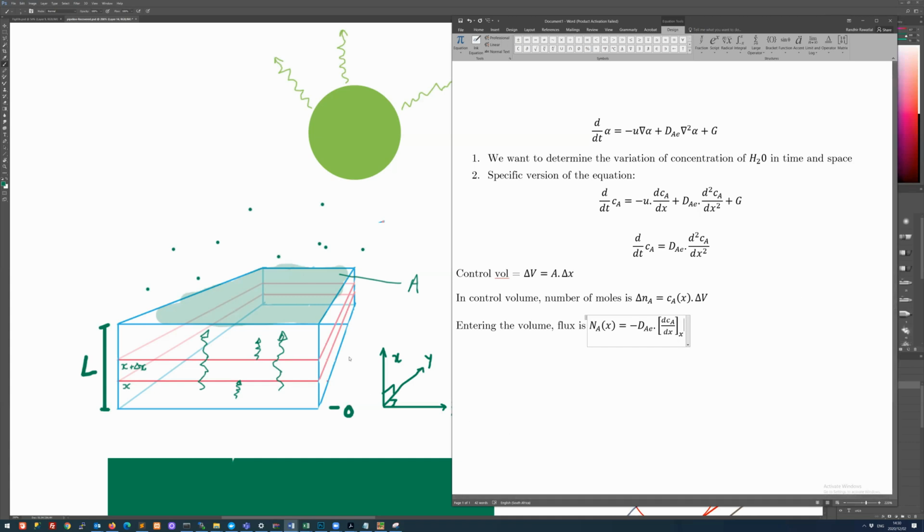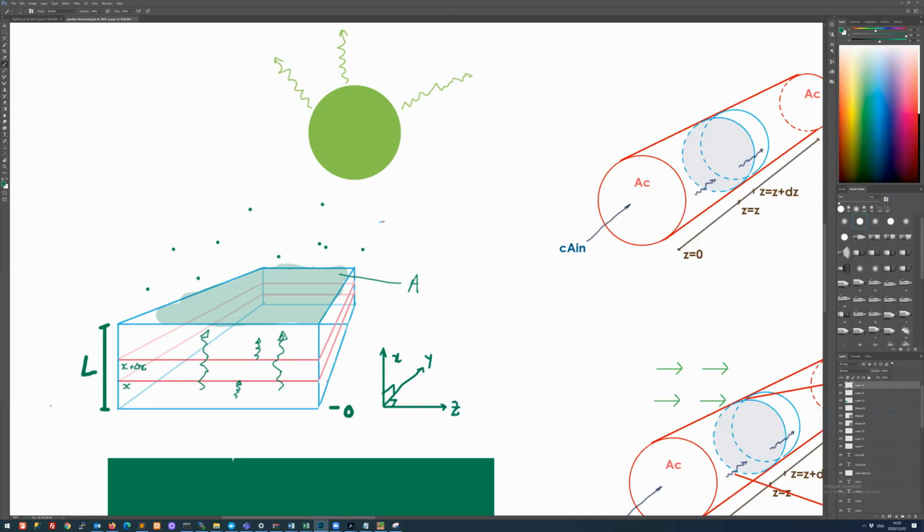So when you look through the slab, you've got some profile. If you were to sketch it, there might be a concentration like this, right? Your concentration is varying like that.